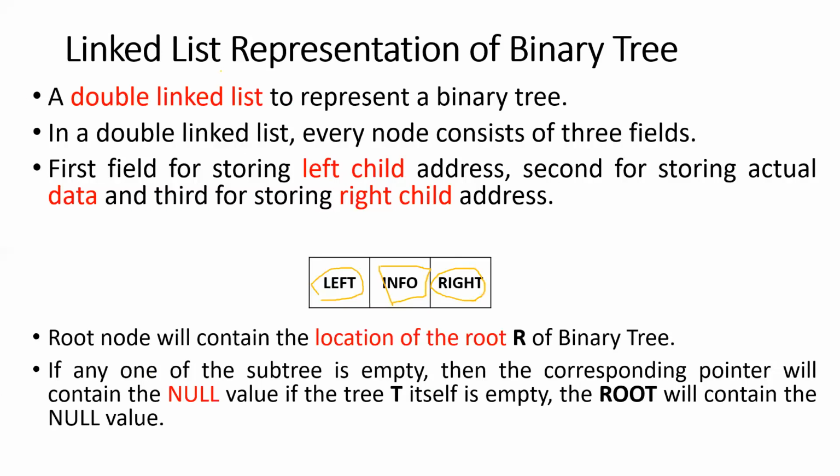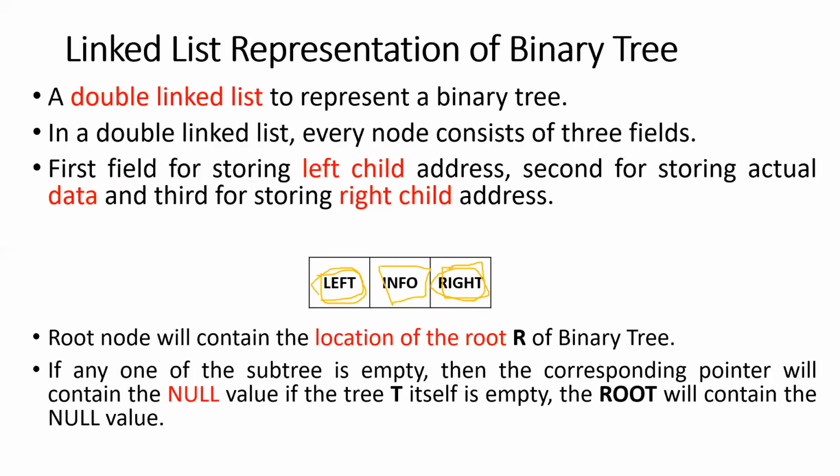In each node we have a position to show the left child address, so here we give null. If the right child is absent, we give null in the location where the address of the right child would go. If the tree itself is empty, then what do we have to do? The root will contain the null value.